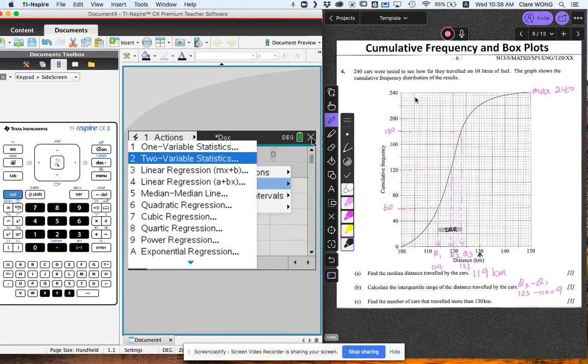So instead of going across and down this time, you need to go up. So keep going up, and across there. Now they are asking for more than, so we are interested in this. So there will be 20 cars.